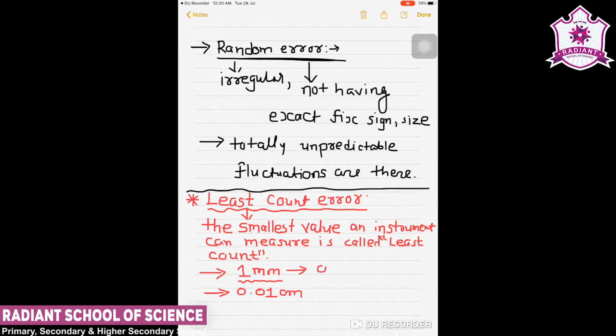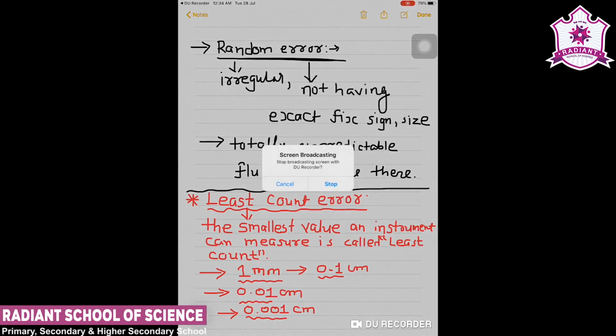Here the normal scale has 0.1 centimeter least count, while the vernier caliper has 0.01 centimeter, and a spherometer has 0.001 centimeter as its least count. So different instruments have different least counts, and on the basis of that, the error that occurs in the measurement is called least count error.